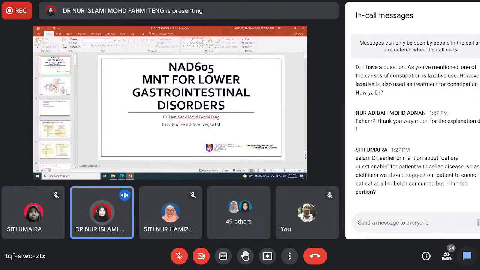So kalau yang ada disease macam ni, I tak boleh nak cakap terus lah. Kita kena buat assessment. Generally dia ada constipation, ask them to increase their water intake if they can, if dia boleh minum air lebih, and then take high fiber, and then increase activity. Okay, kena mobilize lah. Okay.